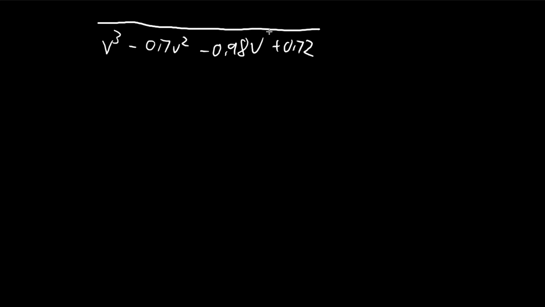So we know that v equal to 0.8 is a solution. So you can expect that for this polynomial, we can factorize this as v minus 0.8 multiplied by another polynomial. In order to find this other polynomial, we're going to have to do long division.